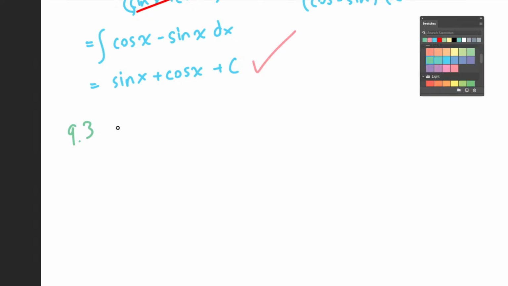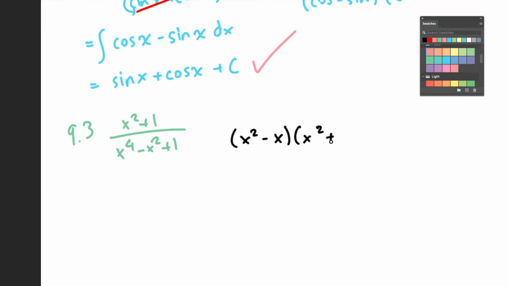x squared plus 1 over x to the 4 minus x squared plus 1. Okay. So, once again, there are certain formulas in mathematics, like x squared minus 1 times x squared plus 1.